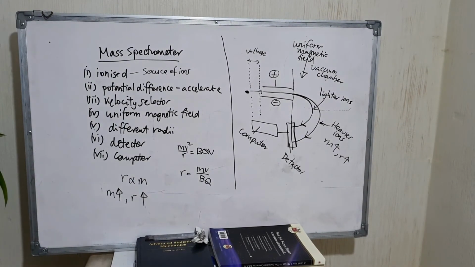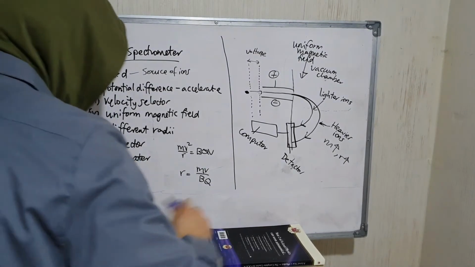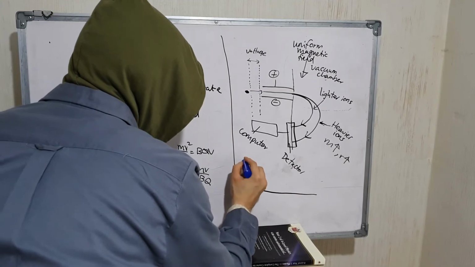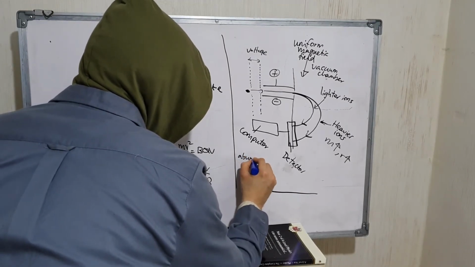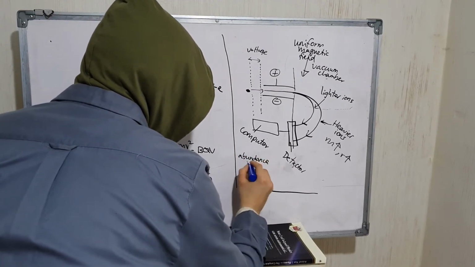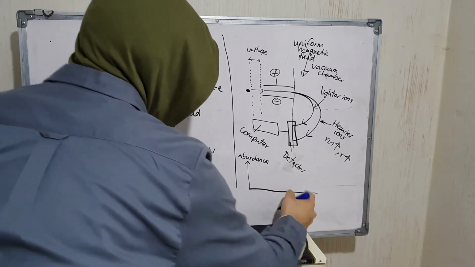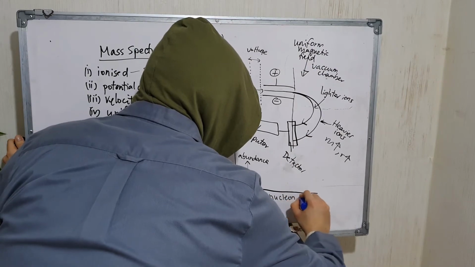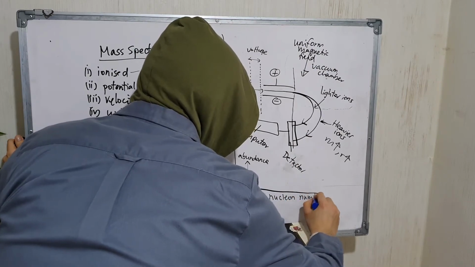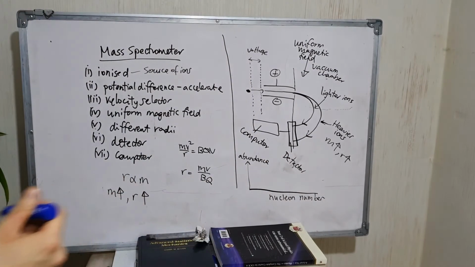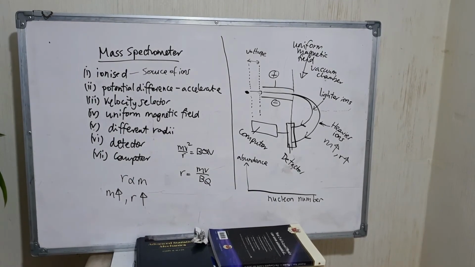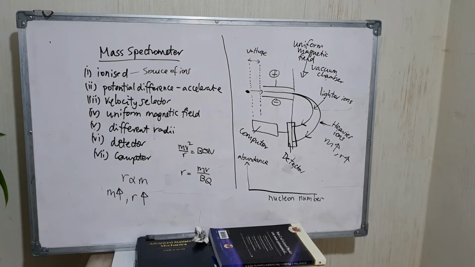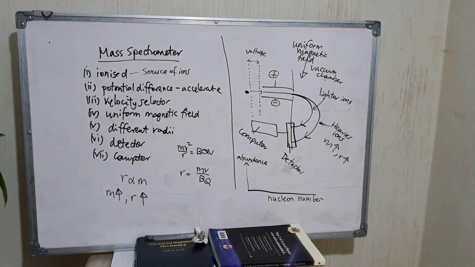And the graph could look something like this. Your y-axis is abundance, and your x-axis could be the nucleon number. And you could have peaks.